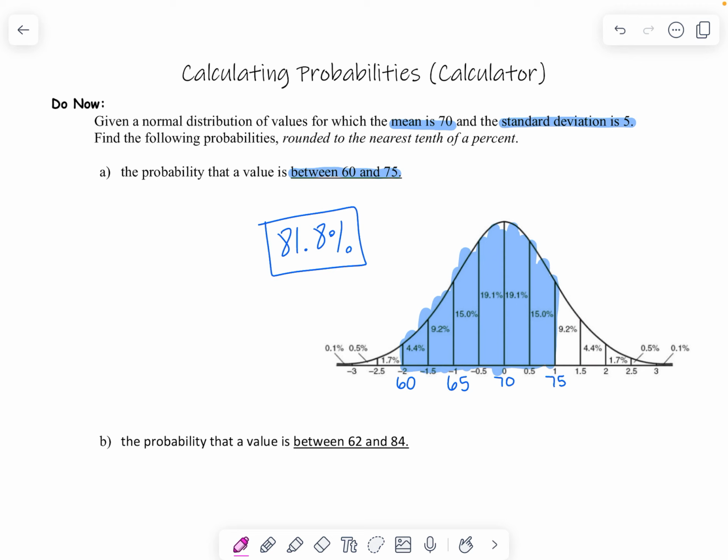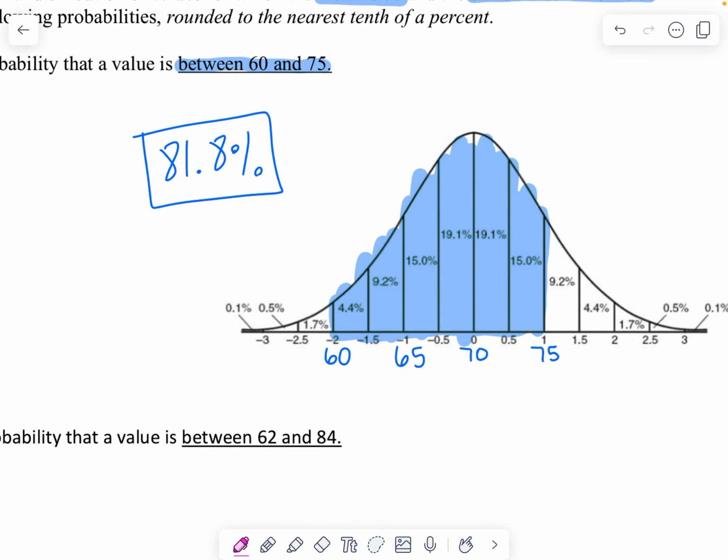So if we're thinking, where is 62? Well, 62.5 would be exactly here, right? That's halfway between 60 and 65. So for 62, I guess we could approximate. It would be right over here. And then 84, well, let's think. This would be 80. This would be 85.